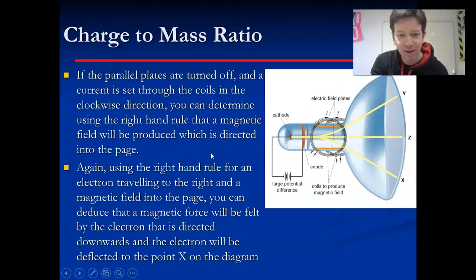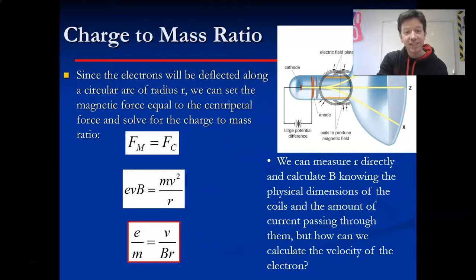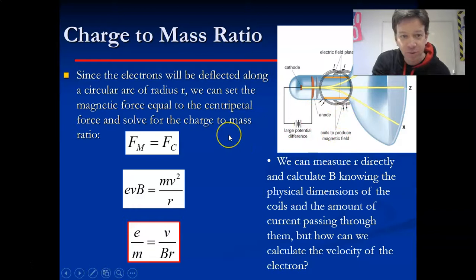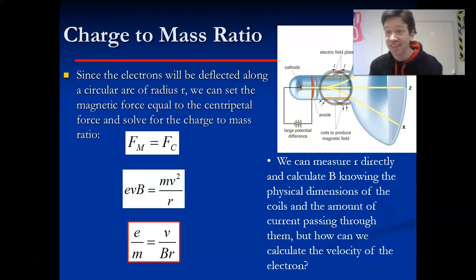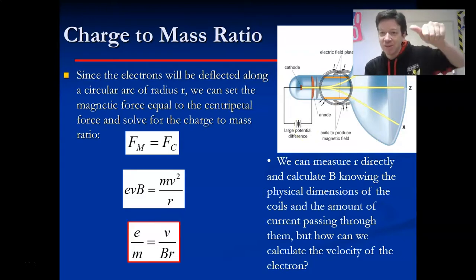So let's see what we actually did. First thing is we turn on those coils, and we apply a magnetic field. Now let's try this, this is actually going to be an electron. So let's use our left-hand rule. We're going to put our thumb in the direction of the electron.